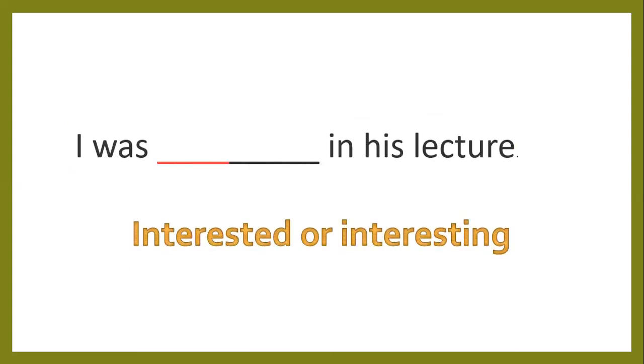I was interested or interesting in his lecture. What do you think? With ed or with ing? Exactly, with ed. Why? Because we are talking about a feeling, an emotion. How did I feel about his lecture? I felt interested.